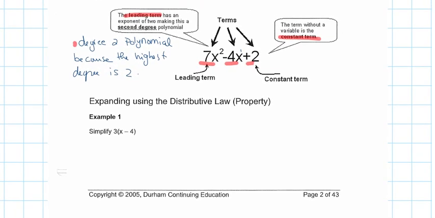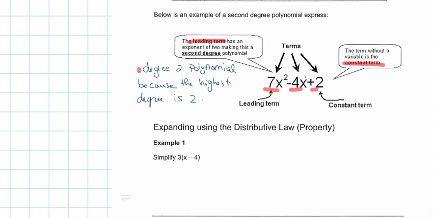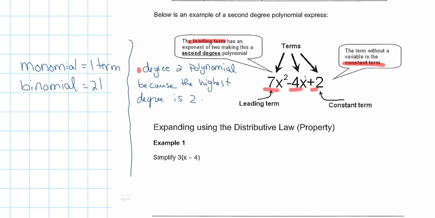So I'm going to just go over the names of the polynomials. Okay? So the names that we use for polynomials are the following. We have a monomial. What does the word mono mean? Single. So that's equal to one term only. Then we have binomial. That's 2 terms. That's where the word bi comes from. And then trinomial.